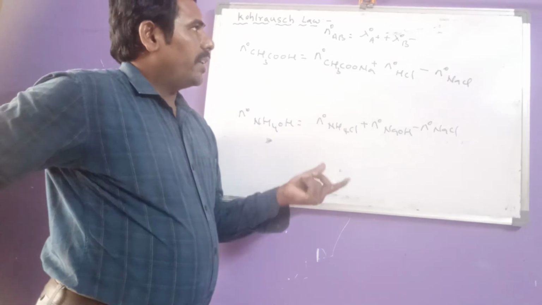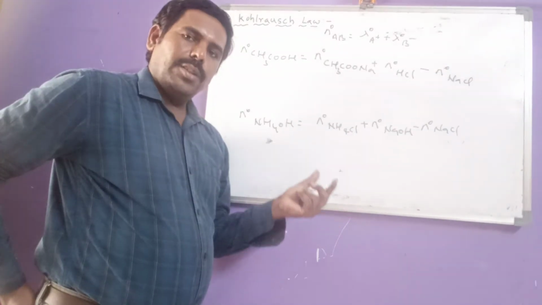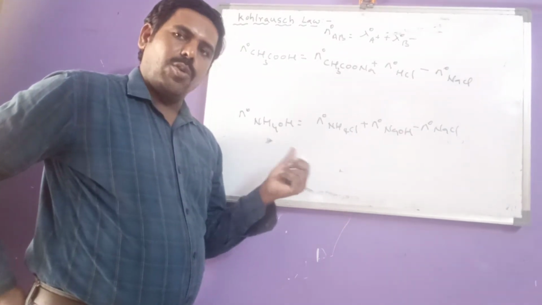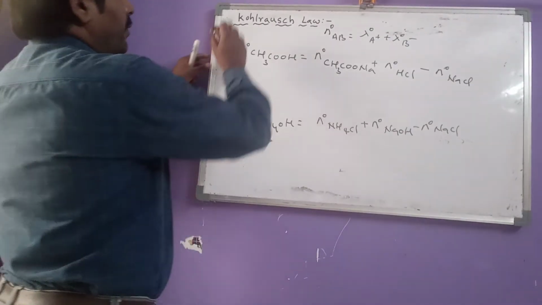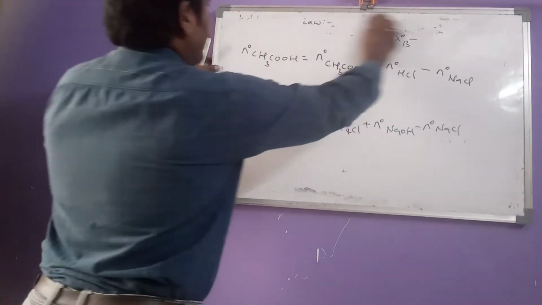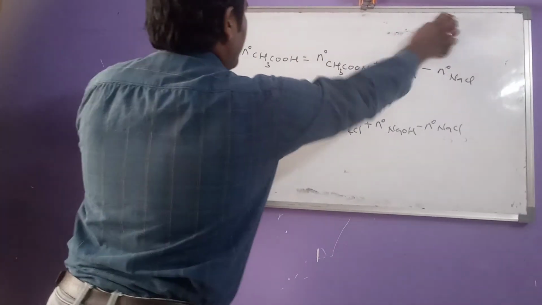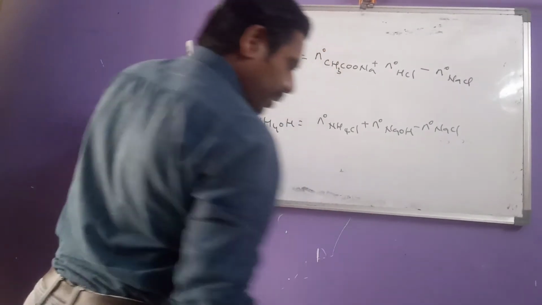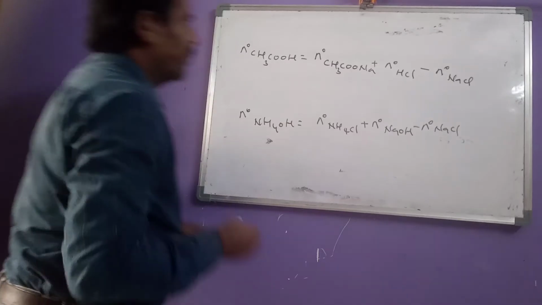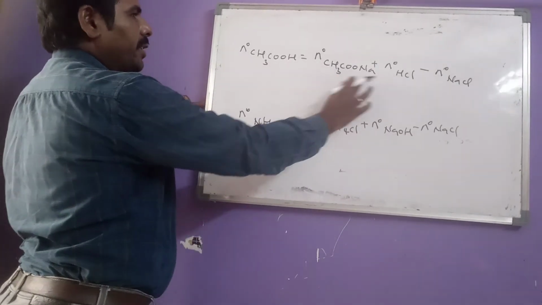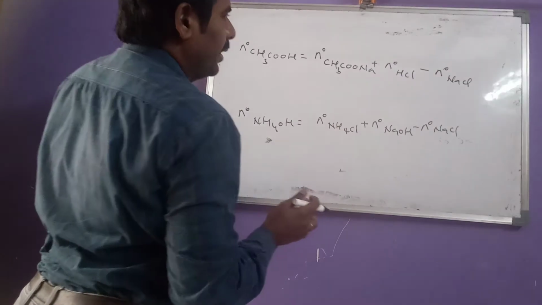So, what are the different questions we have to solve from this Kohlrausch law? Listen here. So, I give the first question for you. Listen to the first question. In the examination, they give the Λ naught values of sodium acetate, HCl and NaCl.